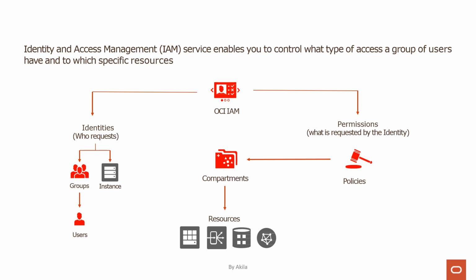Oracle Cloud consists of all the resources within the compartments. So to access these resources, some policies are there. Those policies define who are the people requesting, and what are the necessary requests by a particular identity to access the resources.